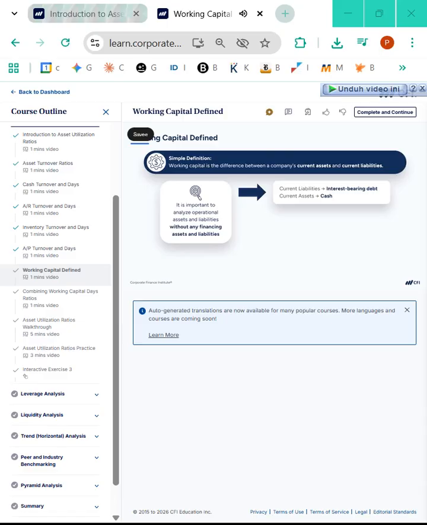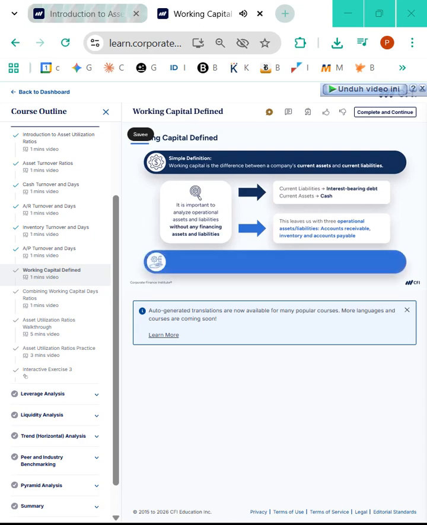We need to analyze cash and interest-bearing current liabilities, but we're going to do this when we do our financial leverage analysis. This leaves us with the 3 operational assets or liabilities, which are accounts receivable, inventory, and accounts payable. Working capital is strictly defined in financial analysis as accounts receivable plus inventory and then minus accounts payable.